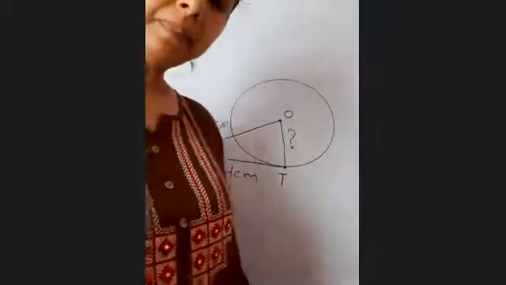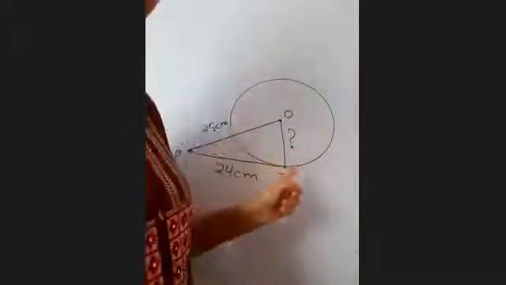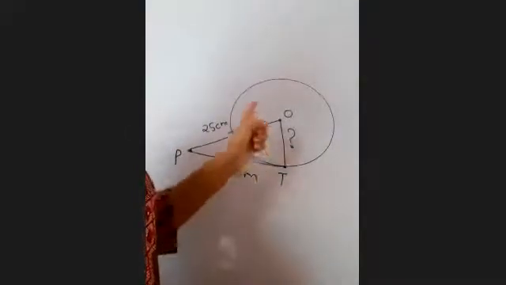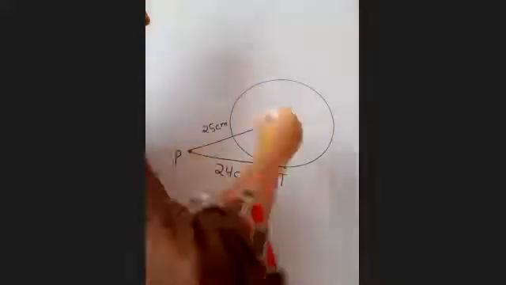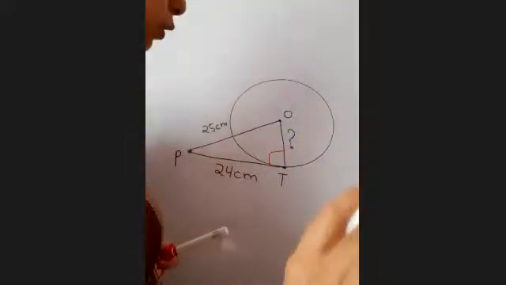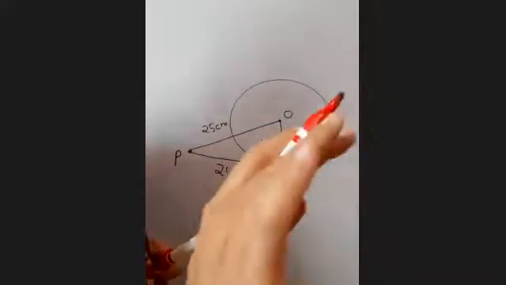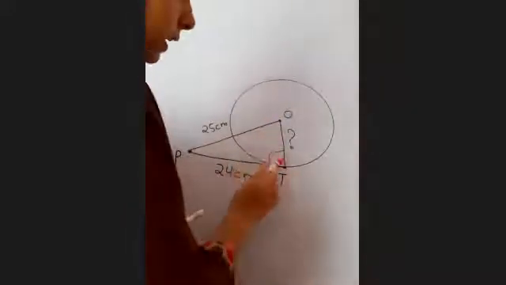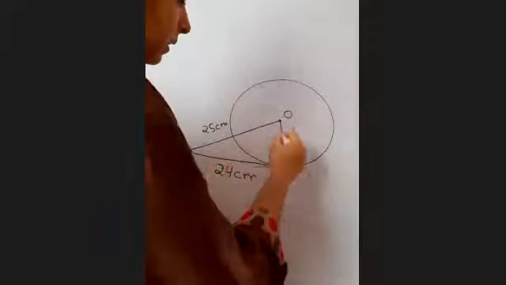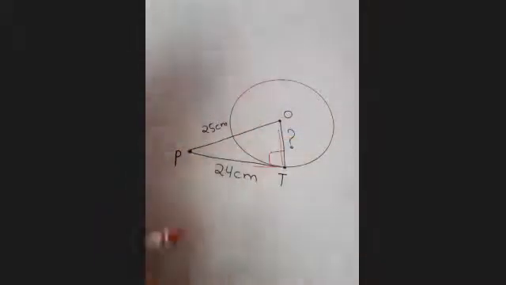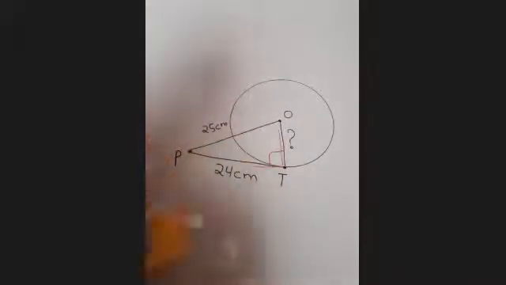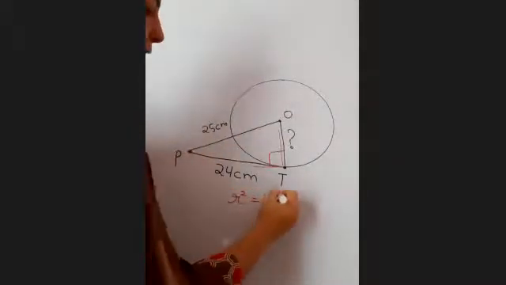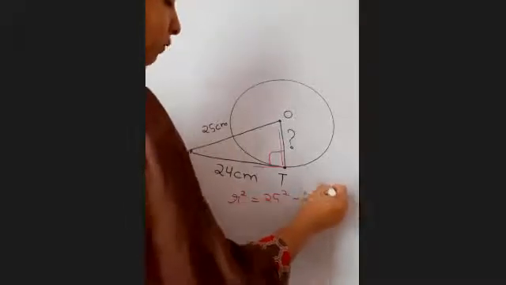Right triangles. Angle T is 90 degrees, because the radius is perpendicular to the tangent. So first we have to use this result that radius is perpendicular to tangent. So this will be 90. After getting this 90, we will apply Pythagoras theorem. So radius square is 25 square minus 24 square.